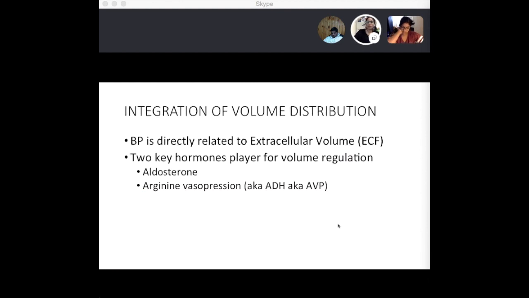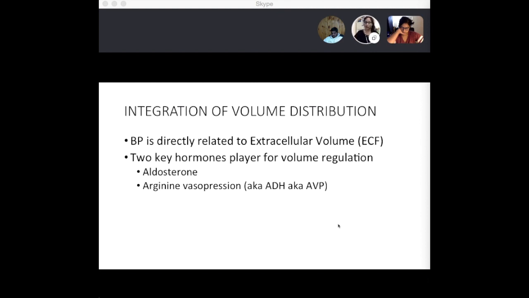Okay. So the next concept I wanted to talk about is an integration of physiology that we know. Blood pressure is directly related to the extracellular volume. We always know that if there's an increase in volume, that means there's an increase in blood pressure.